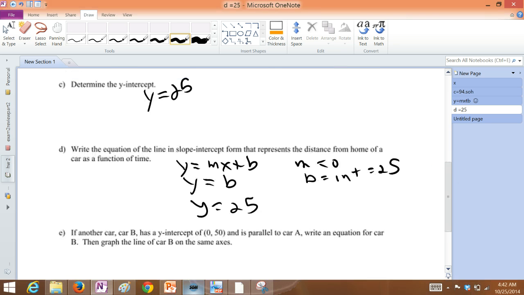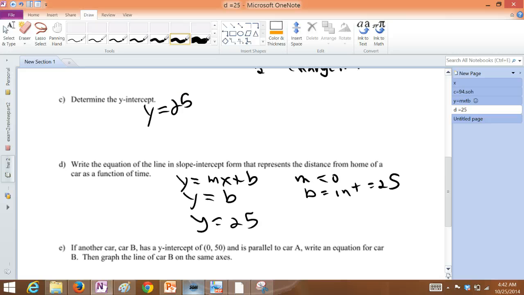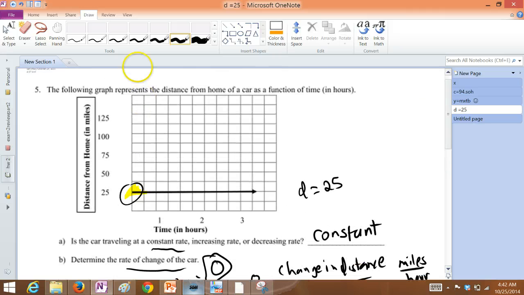If another car B has a y-intercept at 0, 50 and is parallel to car A, I guess they're talking about the graph. So that would look something like that. Parallel means they have the same slope.